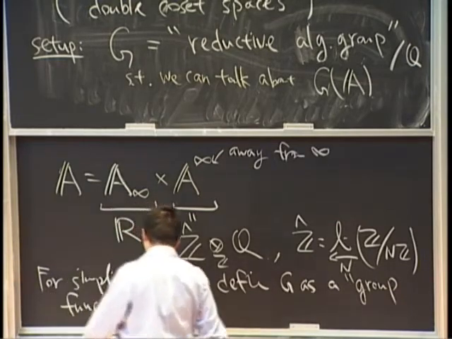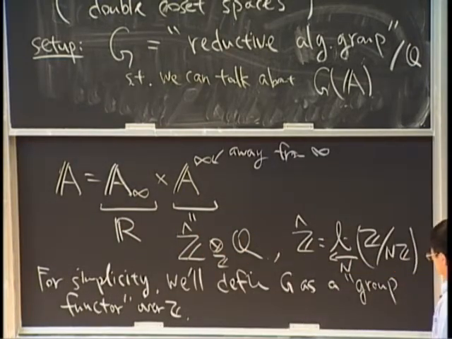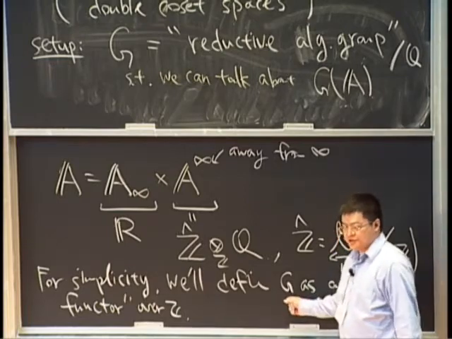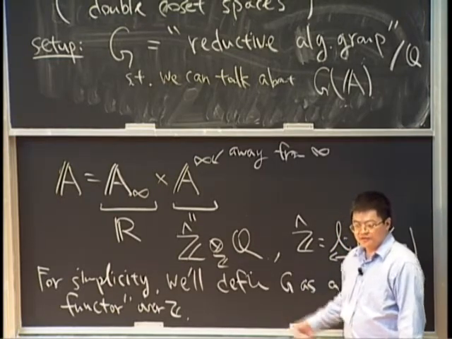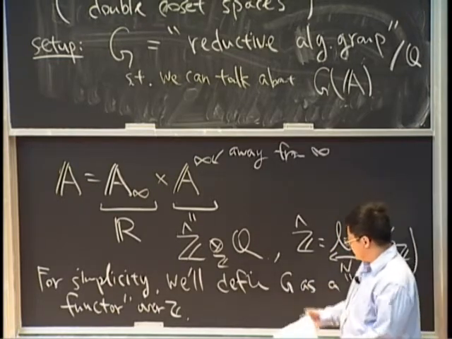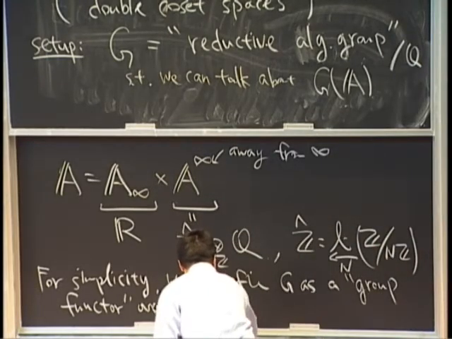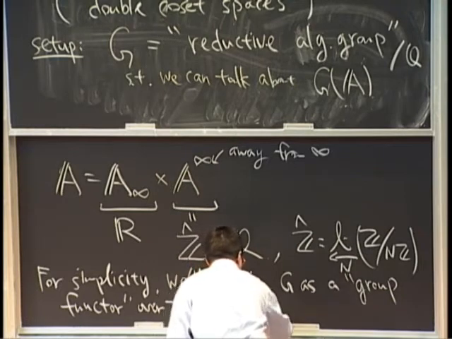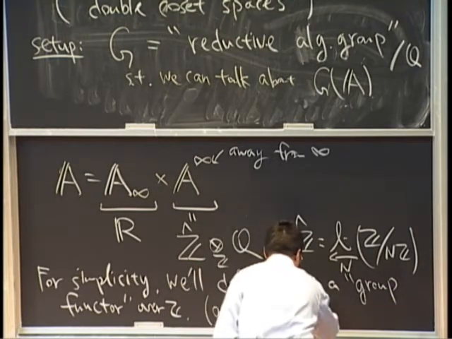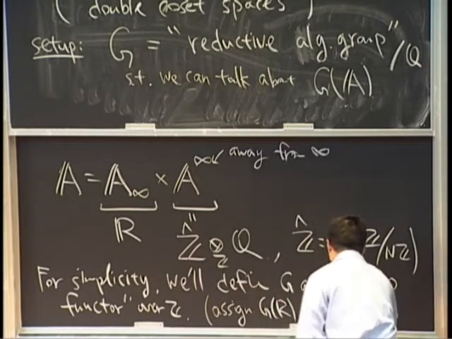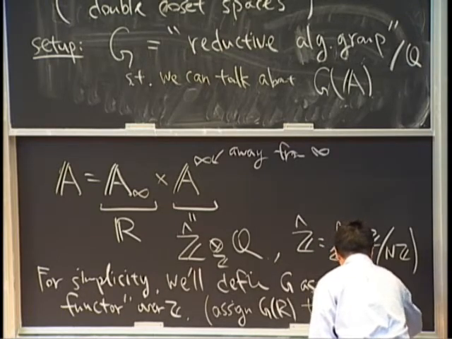And what this means is, well, let me just say in words. So basically, if you have any commutative ring R, you will have a group G(R). And if you vary the ring, then there's also a map. So you assign G(R) to R. Well, these are keywords, functorially.